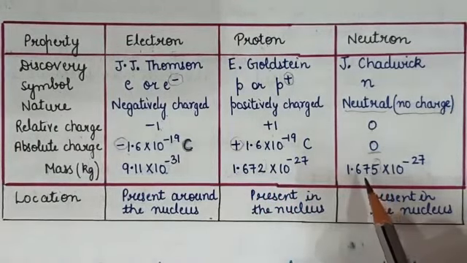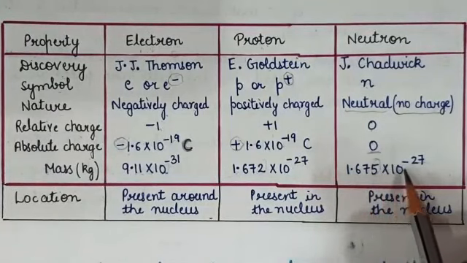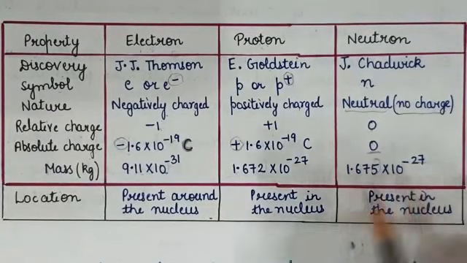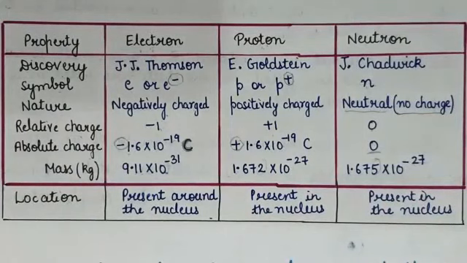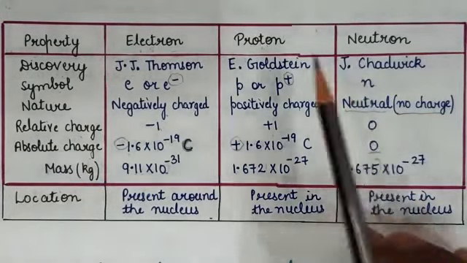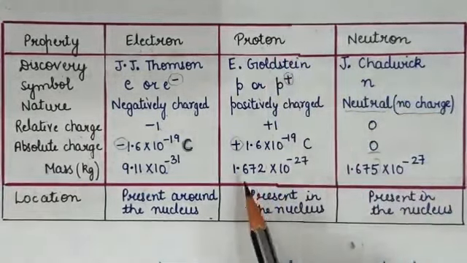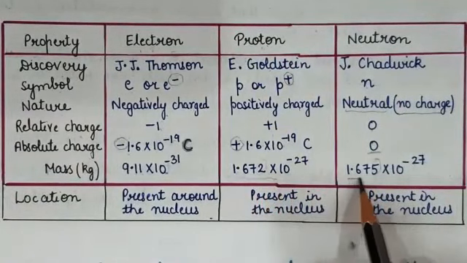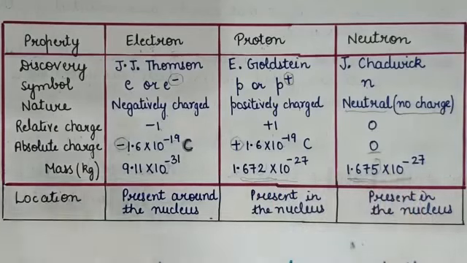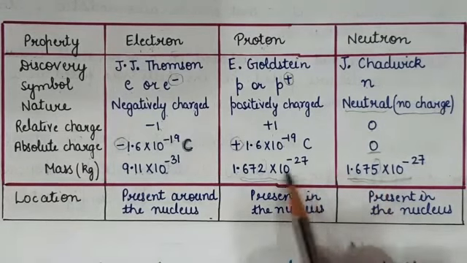And neutron has mass 1.675 into 10 to the power -27 kg. So you will see that the proton and neutron masses are approximately equal. The mass of proton is equal to the mass of neutron.